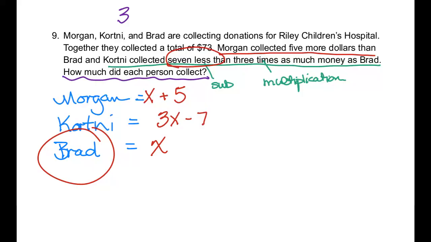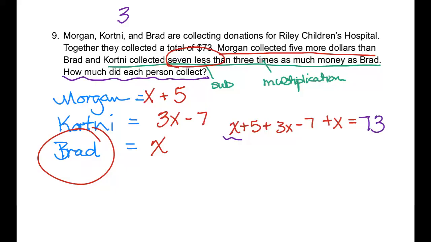At the end. So all of these are equal to 73, so that's x plus 5 plus 3x minus 7 plus x equals 73. Does it matter what order I put these in? No, because they're all just being added together. So combine your like terms.